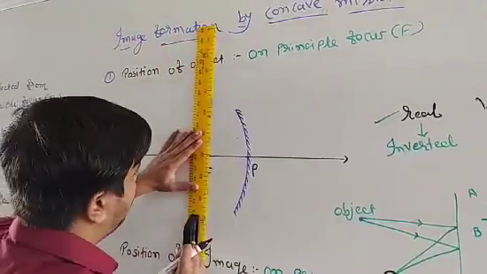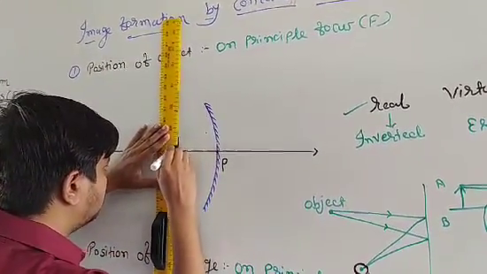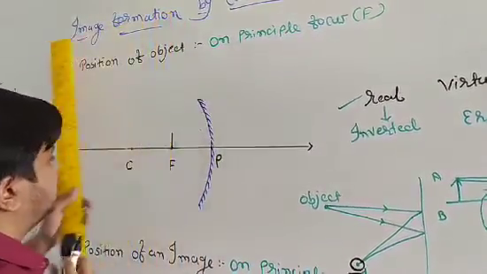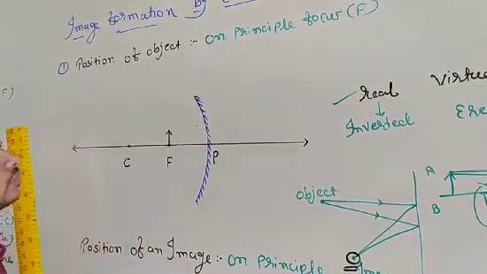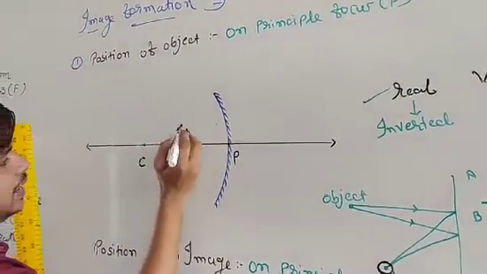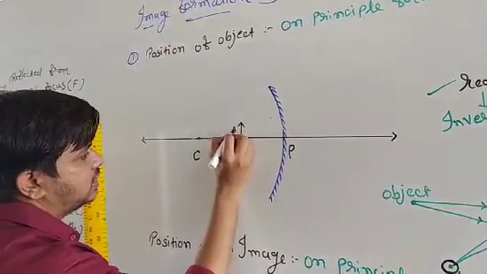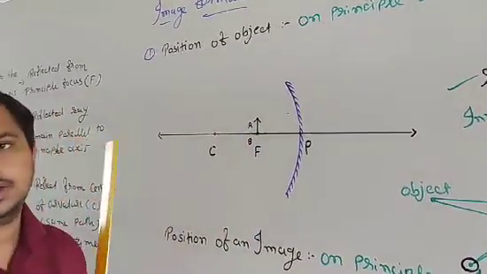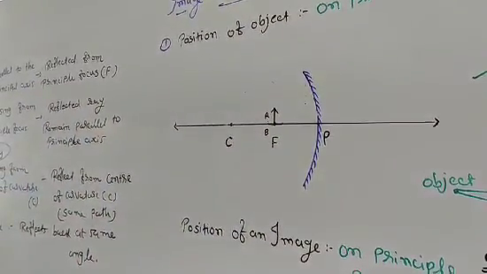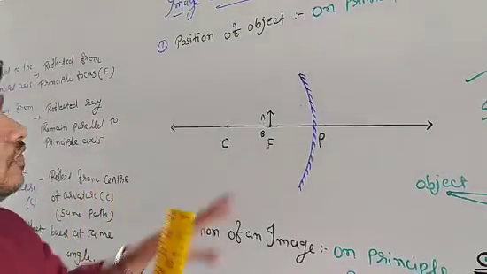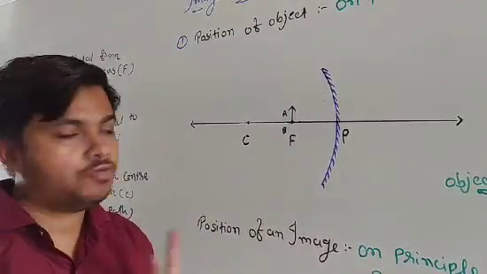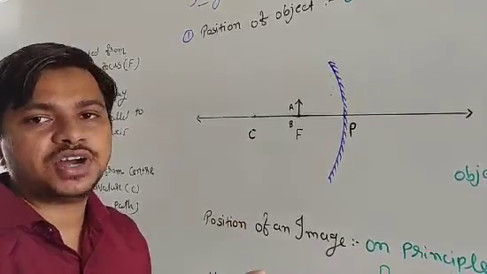So here it is an object. I am putting an object here. If I give it the name AB, here it is A and here it is B. Now we have to use two rays for forming an image. Which one is the first?